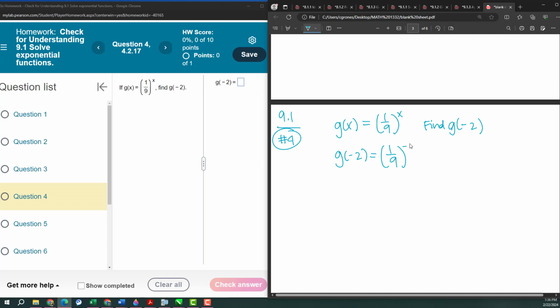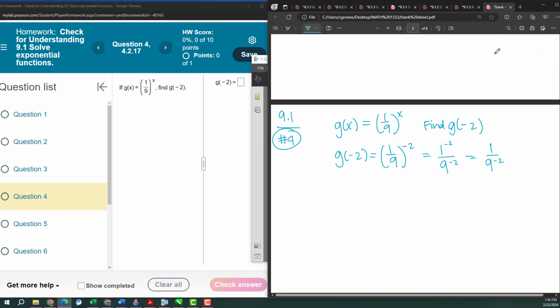We get (1/9) to the power of -2. When you're looking at this, this -2 basically goes onto both of these, so we have 1 to the -2 and then 9 to the -2. 1 is just going to be 1. Since we have 9 to the -2, we can flip this and get rid of our negative exponent.